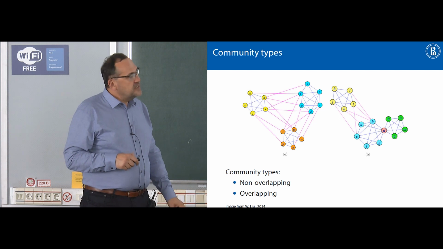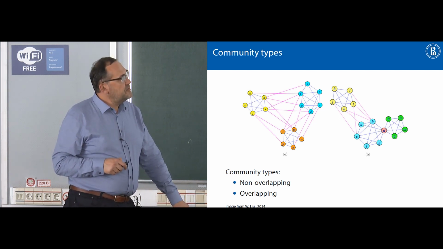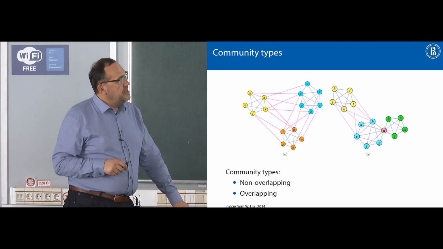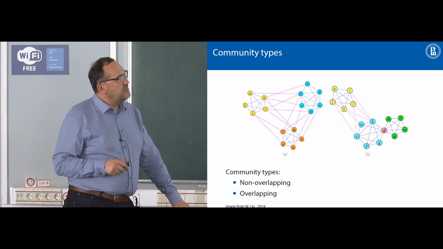The situation on the right-hand side is slightly different. If you notice, there is this node D that belongs to both communities, right? If you think about, again, tightly coupled groups of people, these guys are all well connected, and these guys are all well connected. And there is this node D that you can put into this community, but then you'll cut it from those guys, which it also can belong to.